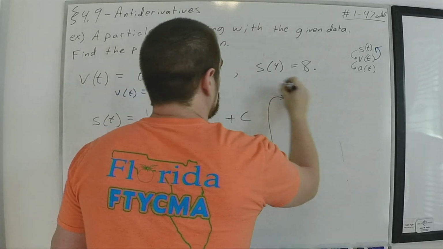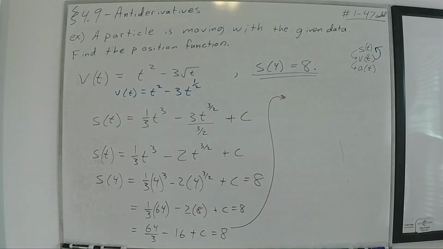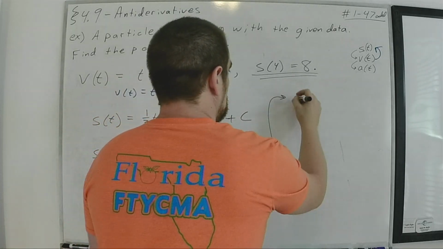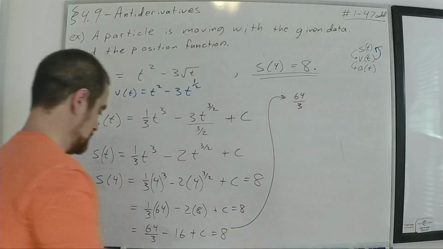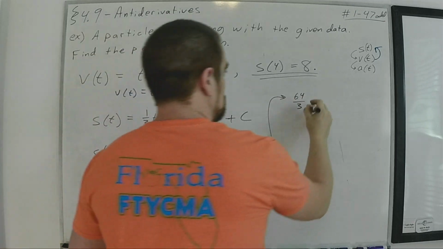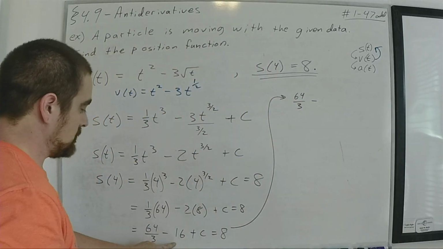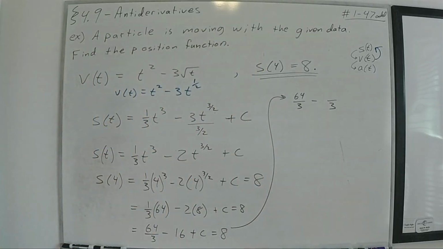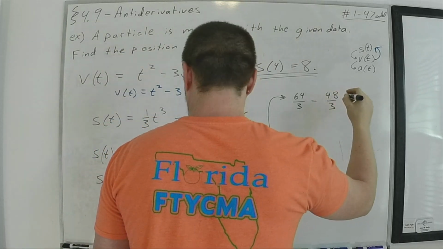So I come up here for a little more room. What I can do is get a common denominator. Here's 64/3 minus, if I do 16 times 3 divided by 3, 16 times 3 will be 48.